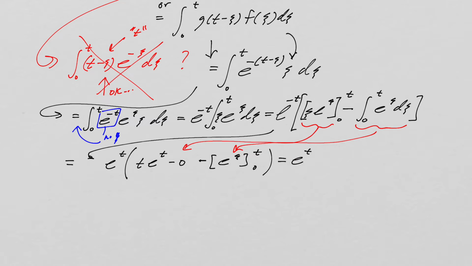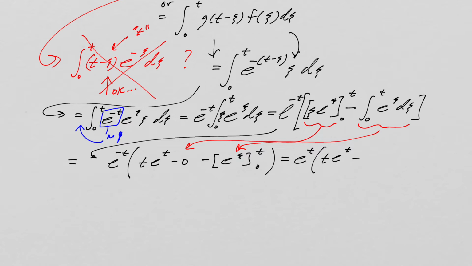And finally, we get that'll be e to the negative t. And then finally we get right here minus e to the t plus 1. Okay, we can simplify this up, and we're going to get t.